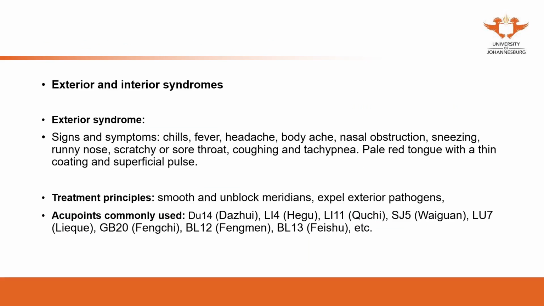The exterior and interior syndromes. Firstly, we need to understand what kinds of manifestations are considered as exterior syndromes. In terms of exterior and interior, the exterior syndrome refers to the superficial level, the superficial skin, because the lung is in charge of the superficial skin.